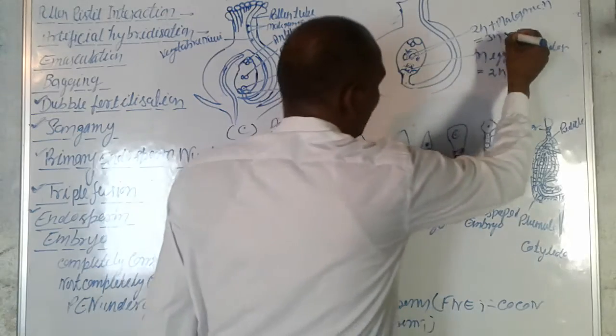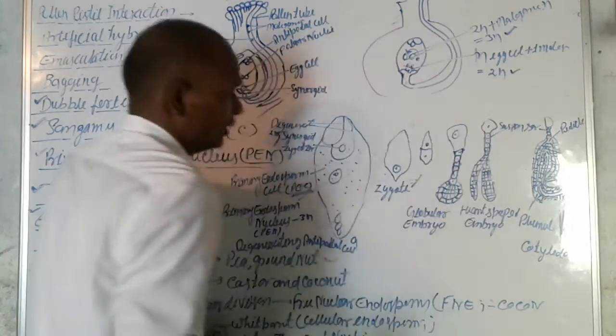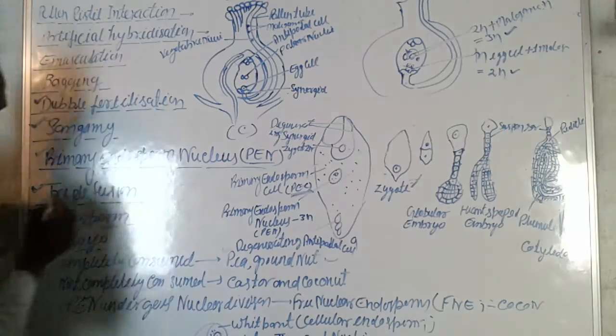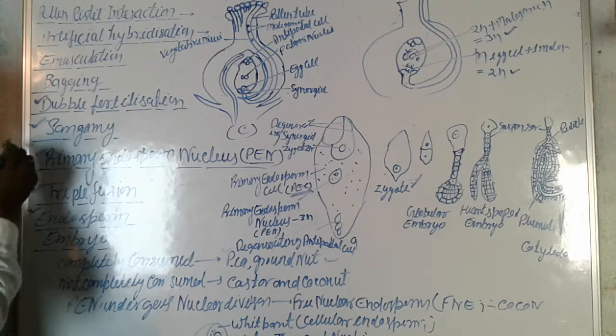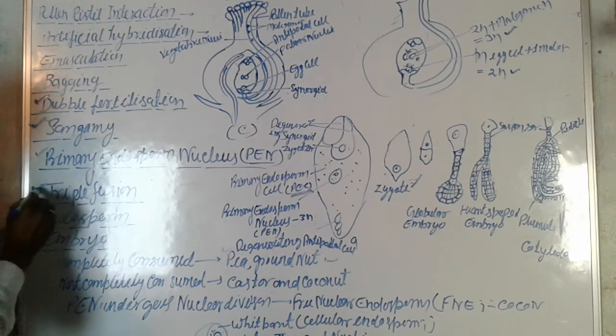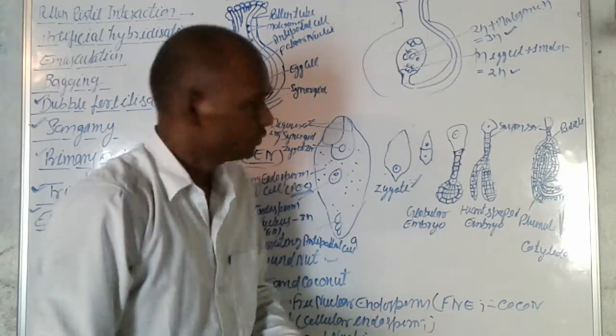So the endosperm is triploid, and this is diploid. You can see here the diploid and the triploid. 3n is triploid.